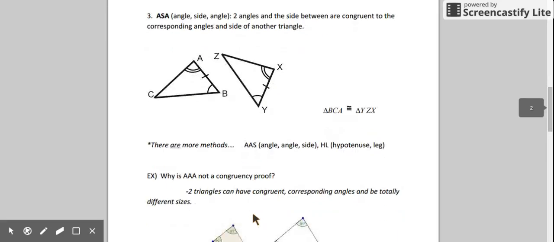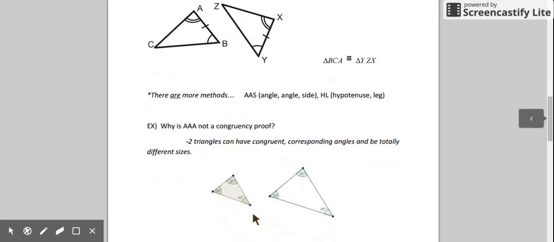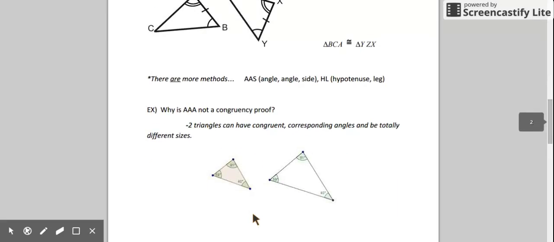So why is angle, angle, angle not a congruency proof? Well, if we know that corresponding angles are congruent in 2 shapes, we know the shapes are similar because angles create the type of shape. But side lengths create the size of a shape. So if I don't know that any sides are corresponding and congruent, then these 2 shapes may be 2 totally different sizes.